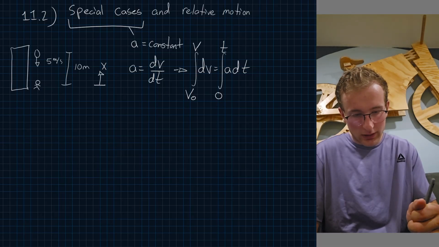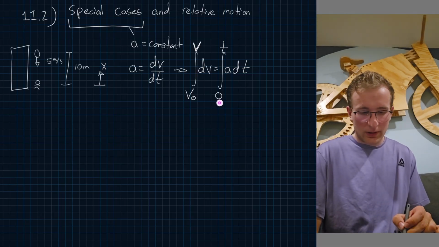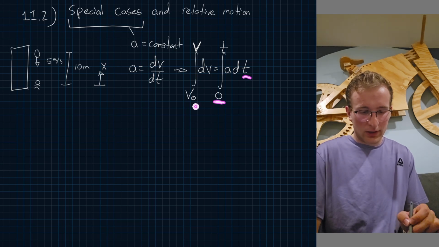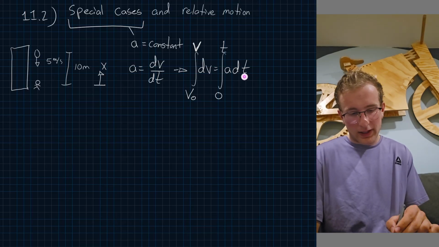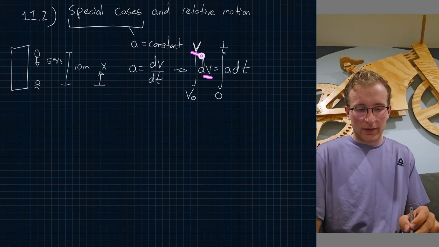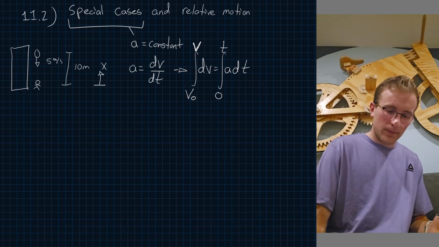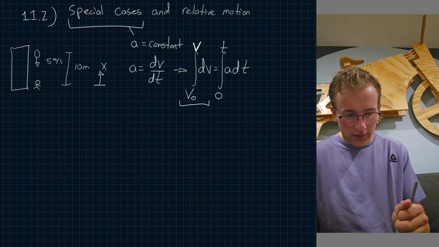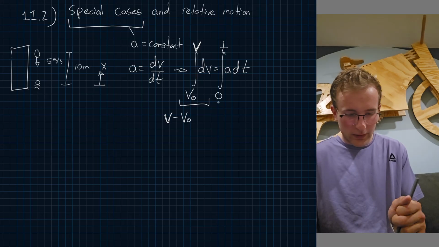It could be anything. Okay, so at time 0, my velocity is v naught. At time t, my velocity is v.